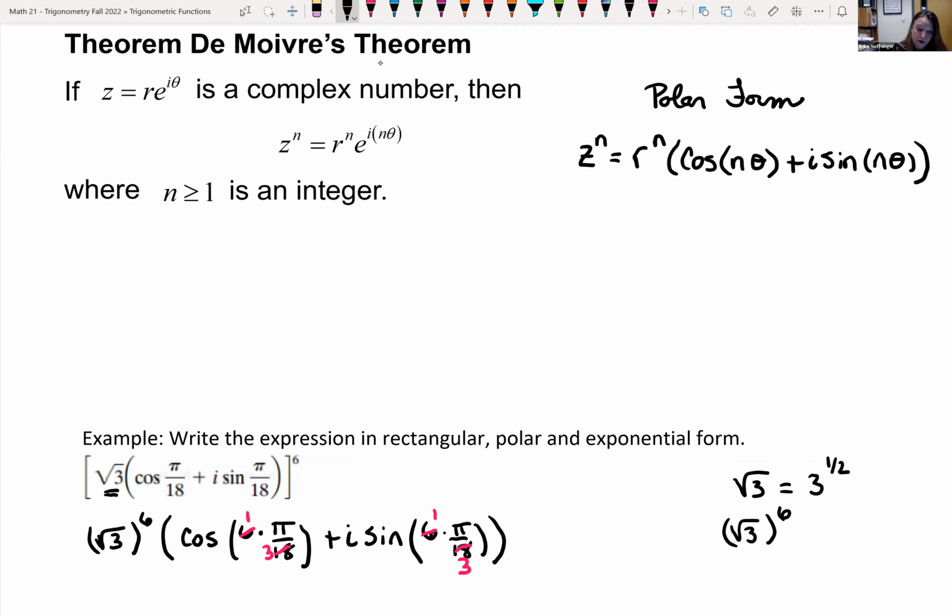So if I have √3 raised to the 6th power, I can rewrite this in exponential form, 3 raised to the 1/2 power, and raising that to the 6th power. Power to power is multiplication. So this is 3 raised to the 6 times 1/2 power, which gives me 3 cubed, and 3 cubed is 27.